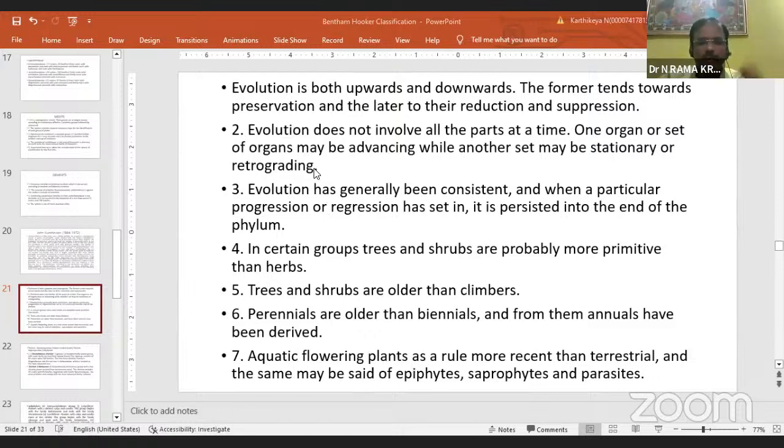Hutchinson's system is based on considerable knowledge of phylogeny and on phylogenetic principles, and is generally recognized by most authors.